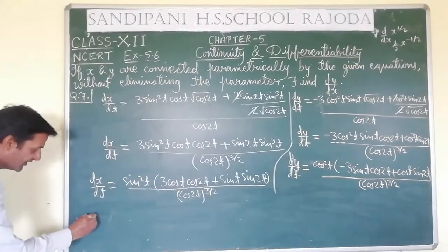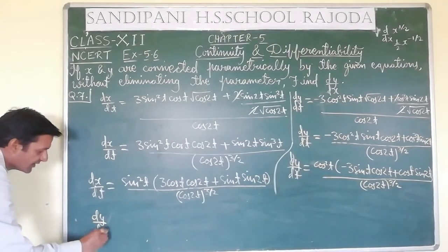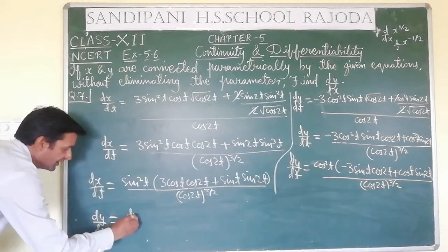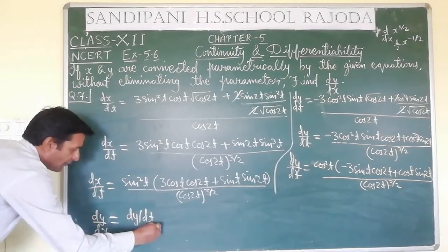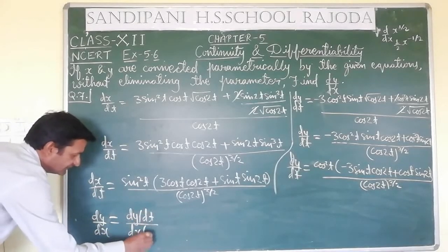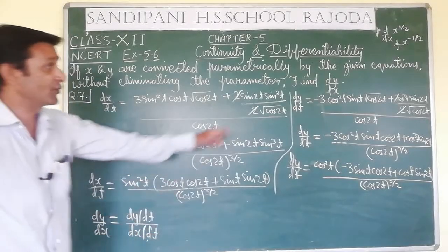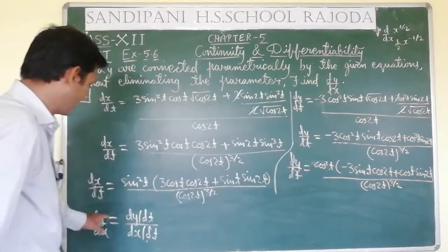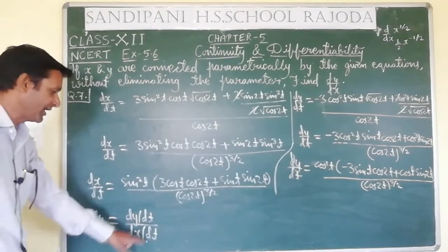Now dy by dx is equal to dy by dt upon dx by dt. We may write it like this because we have to find dy by dx only. So dy by dx is equal to dy by dt upon dx by dt.